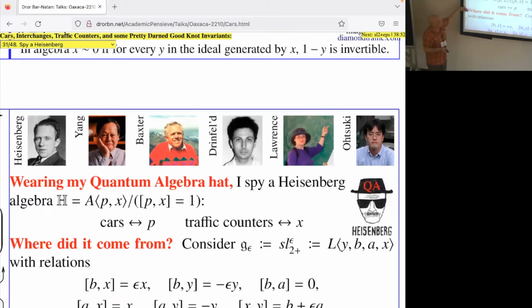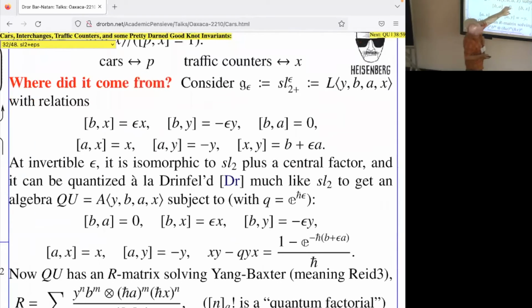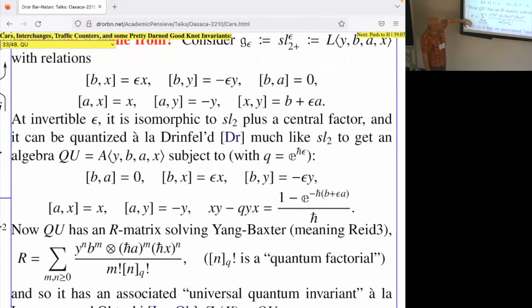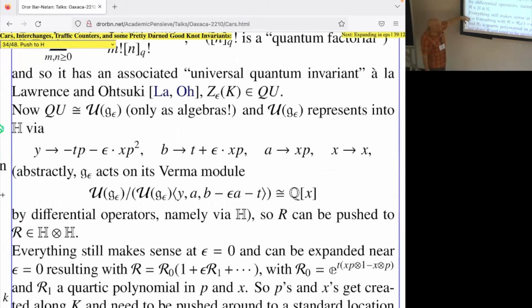So I spy a Heisenberg algebra. And now you can ask yourself, where is it coming from? And this is the story that I will not tell you. It comes from a lovely, not quite deformation, but contraction of SL2, which can be quantized in much the same way as SL2. Then a certain limit can be taken.